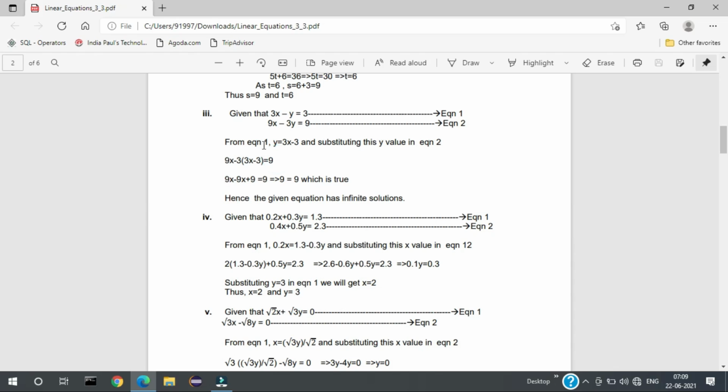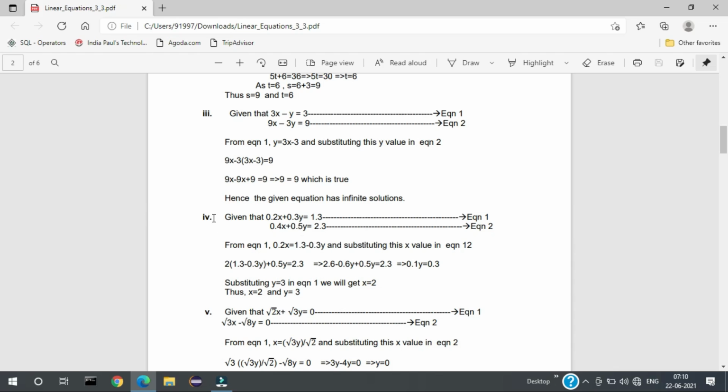So 9x minus 9x plus 9 equals 9. So which is true. Hence the given equation has infinite solutions. If the equation is true, we can say that the equation has infinite number of solutions.